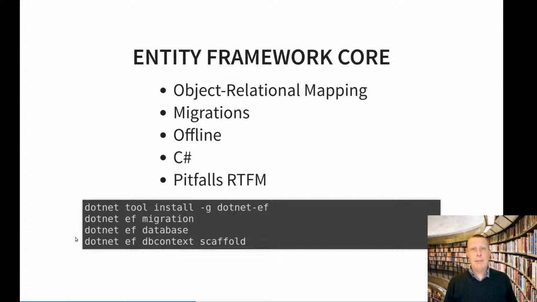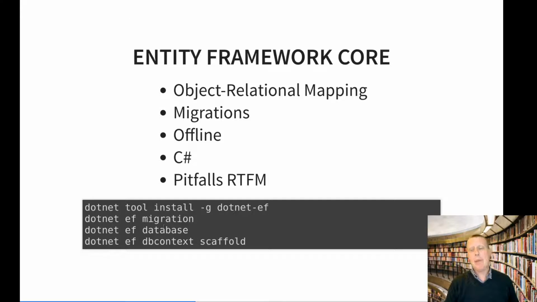So, .NET Entity Framework Core comes with a command line tool that you can use from the .NET command. You just install it using dotnet tool install -g dotnet-ef, and in principle it has three main subcommands. One is migrations, to convert your changes to the database model into these migrations that will then be run on top of the database.